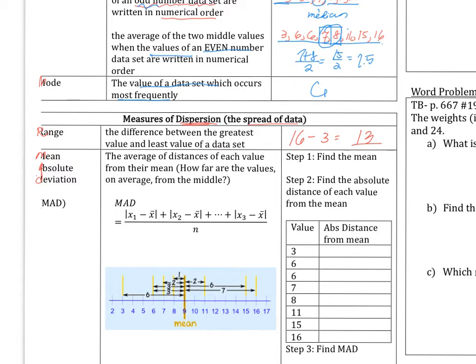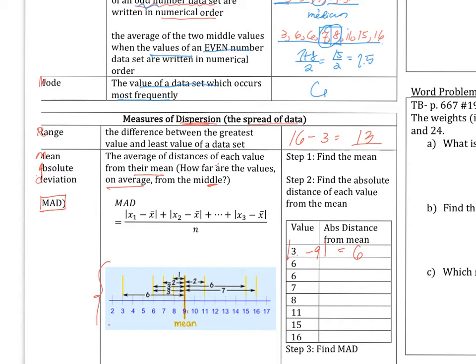And the mean absolute deviation, or I'm going to abbreviate it as MAD, is the average of distances of each value from their mean. The purpose of this is to measure how far the values are on average from the middle. So I have a picture for you here. If we look at the value 3 and we subtract that from the average or the mean 9 and take the absolute value, I would get 6.